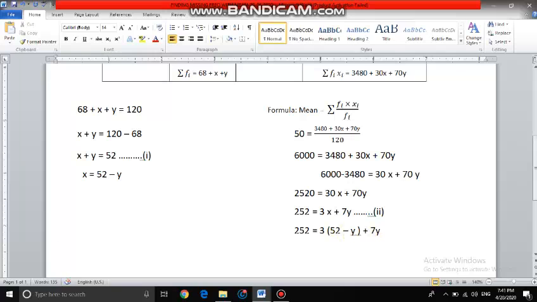If I simplify this equation, I think everybody knows how to simplify linear equations in one variable. Now 3 into 52 is 156 minus 3 into y is 3y, then plus 7y will remain as is.